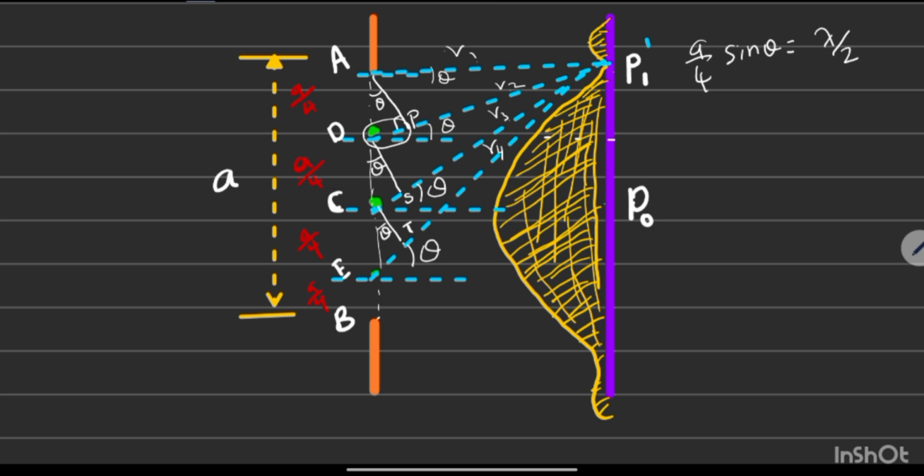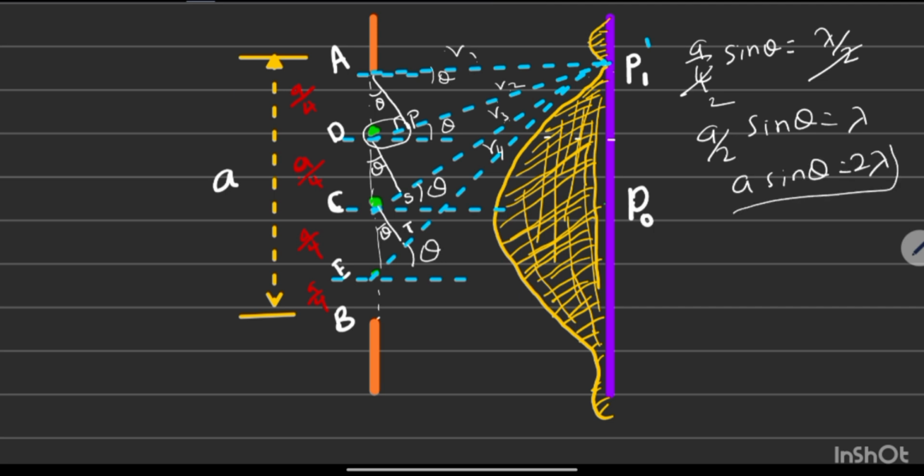So A by 4 sin theta is equal to lambda by 2 between ray 1 and ray 2, and same relation holds for R2, R3 and R3, R4 as well. So cancelling this gives A by 2 sin theta is equal to lambda, A sin theta is equal to 2 lambda. This is the condition for second order minimum.